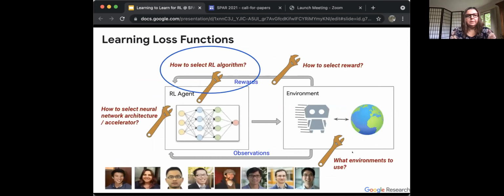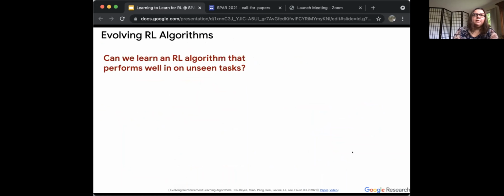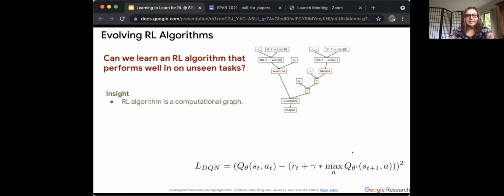The second example is learning loss functions and learning RL algorithms. The idea here is that recently new RL algorithms are popping up like mushrooms. It seems like every 3-6 months we have a new RL algorithm. It's basically just tweaking the loss function. So the fundamental question is, can we learn an RL algorithm that performs well on unseen tasks?